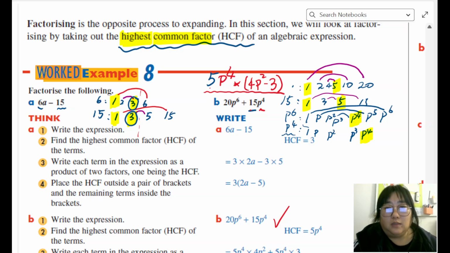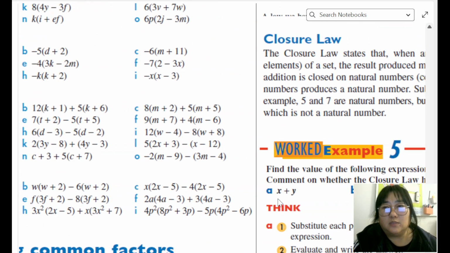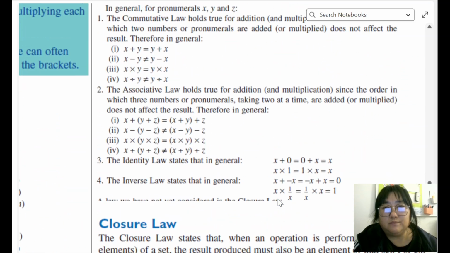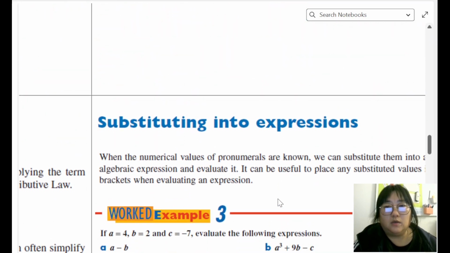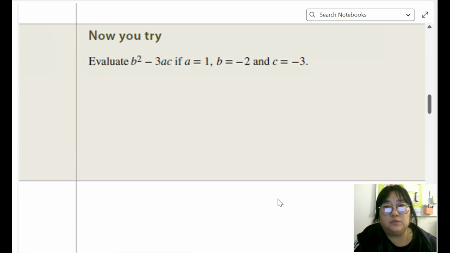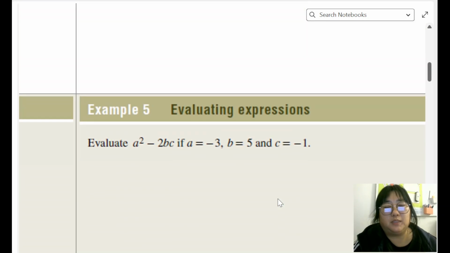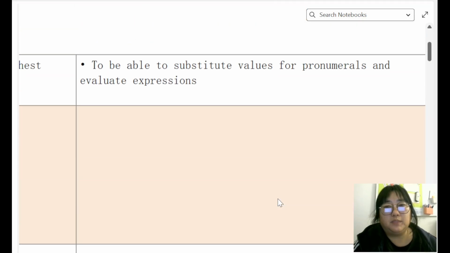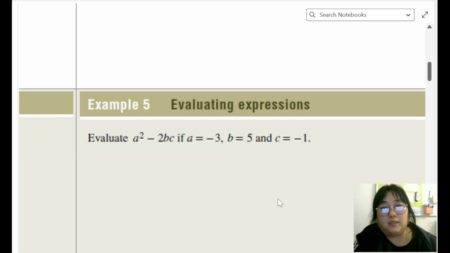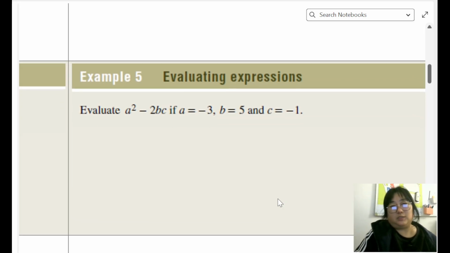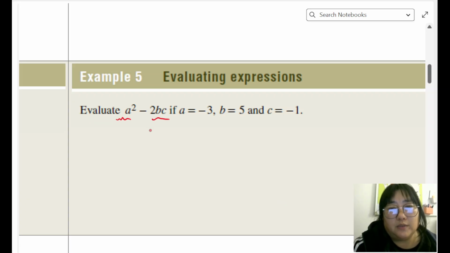And I think the last part from this one is substitution. When you do the substitution, basically you just do a replacement. What the replacement means here is, if you have an expression, you basically just replace the unknown value. So when we have an a, we use the value -3 to replace your a.